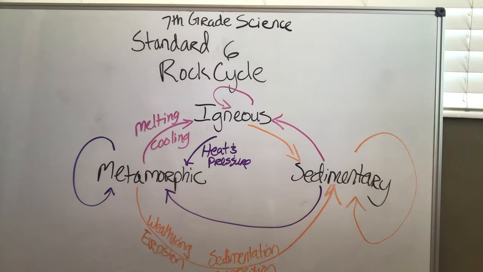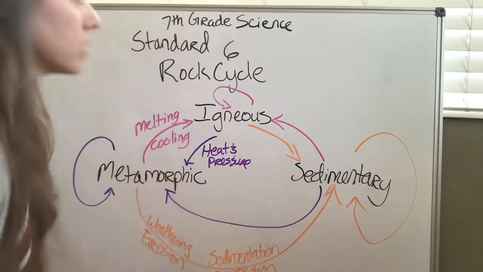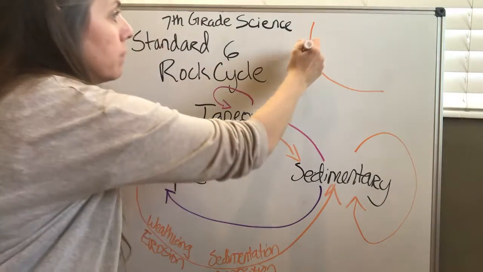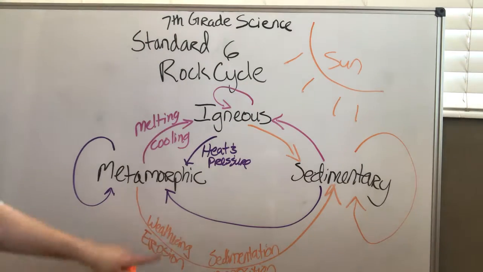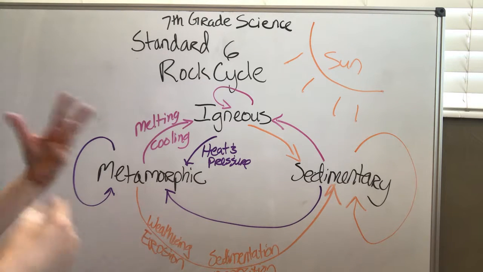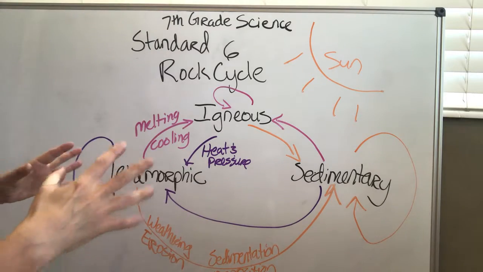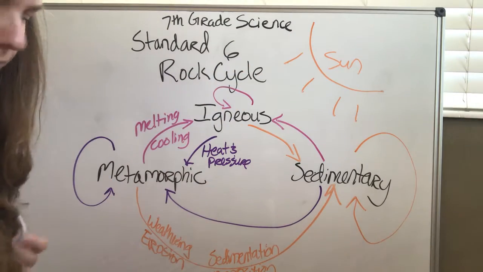So we identified the sun as one of the big players. So we know the sun is primarily responsible for the weathering process, and also water, right? But what's making that water move in cycles is partially the sun.